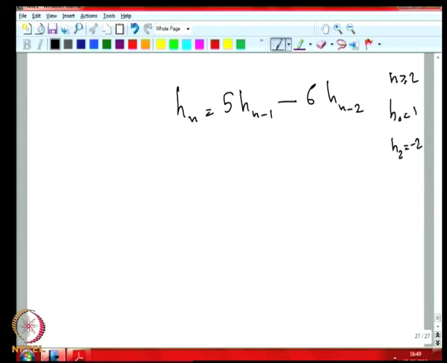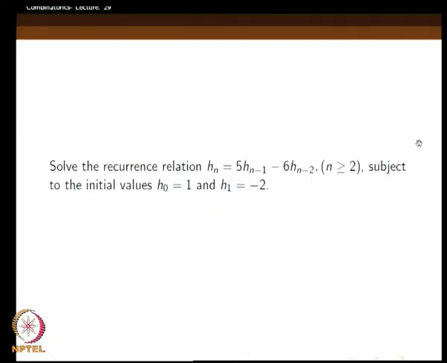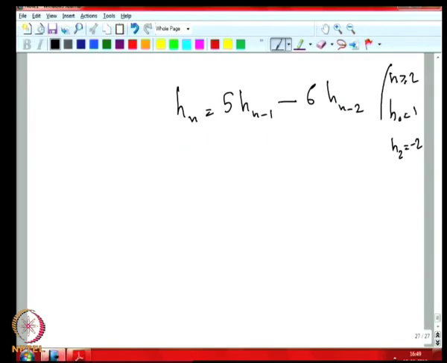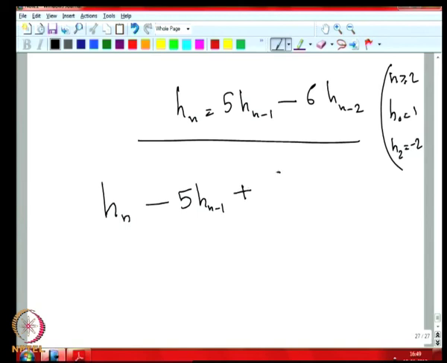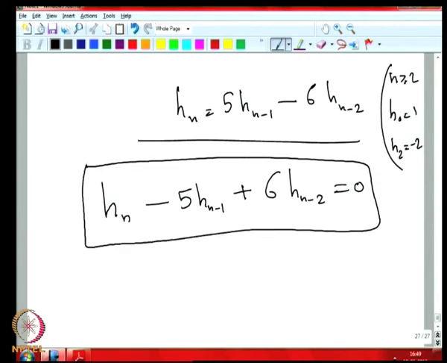So what we do is we write this in this form: hn minus 5 hn minus 1 plus 6 hn minus 2 equal to 0. This is our step 1.